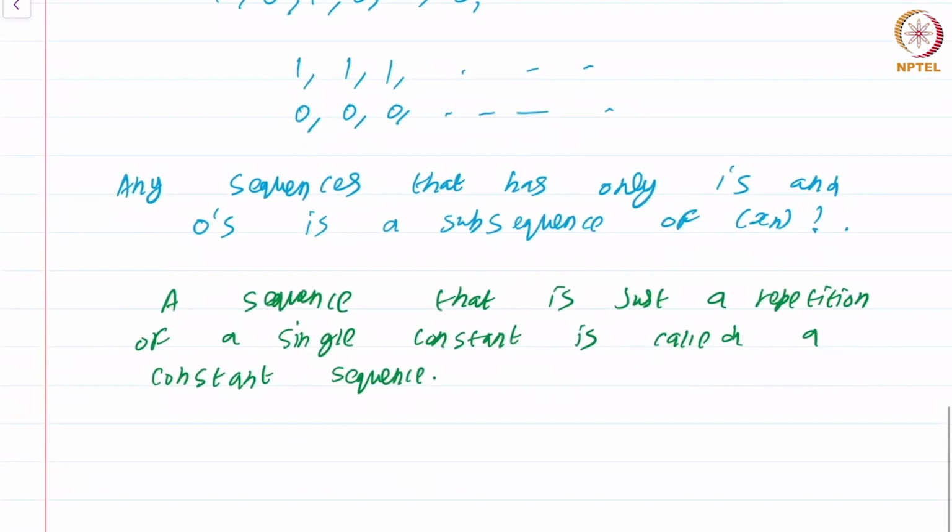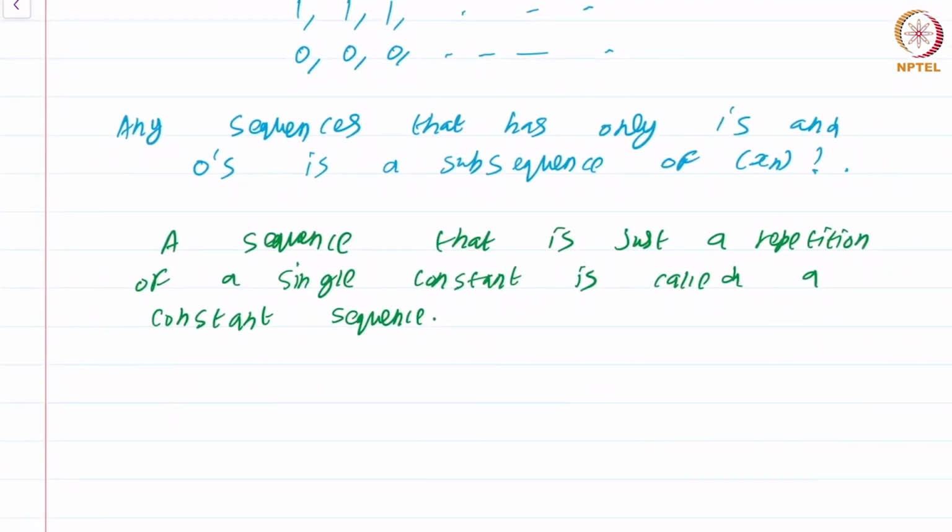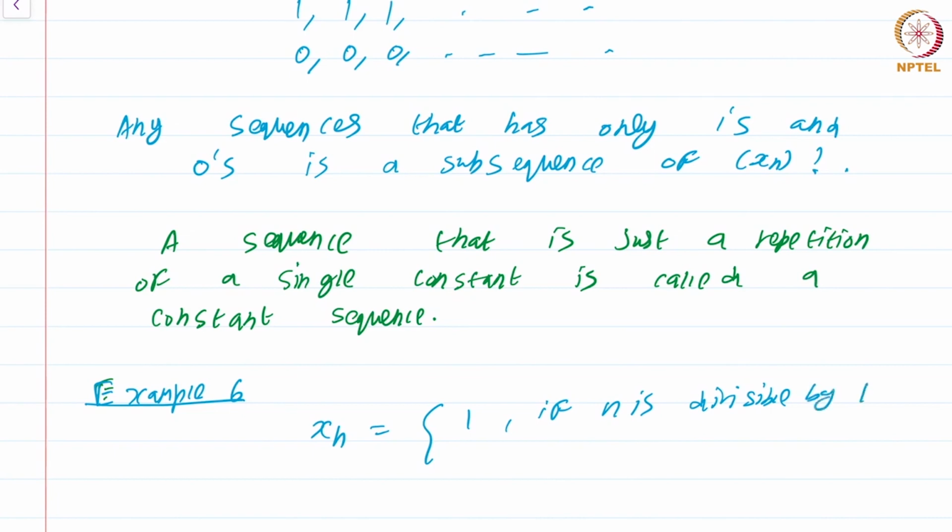Okay, now let's see some complicated examples. Example 6. We are almost there to our goal of 7 examples. xn is 1 if n is divisible by 10, 1 minus 1 by n otherwise.